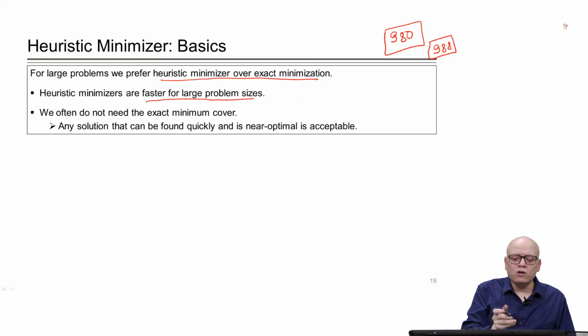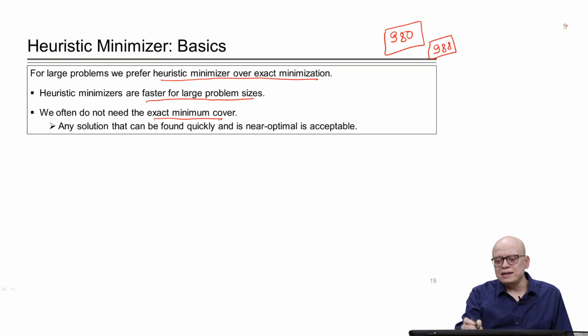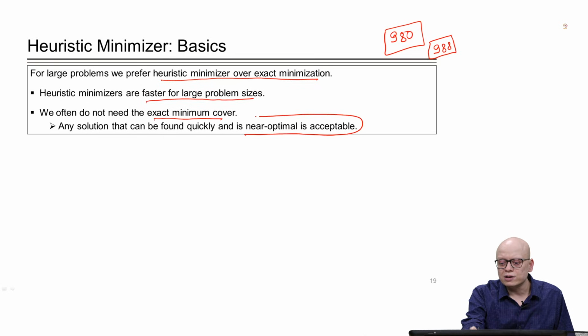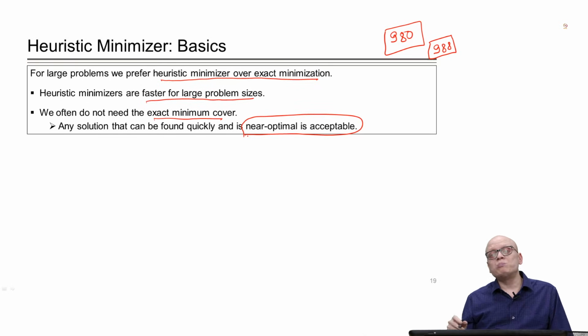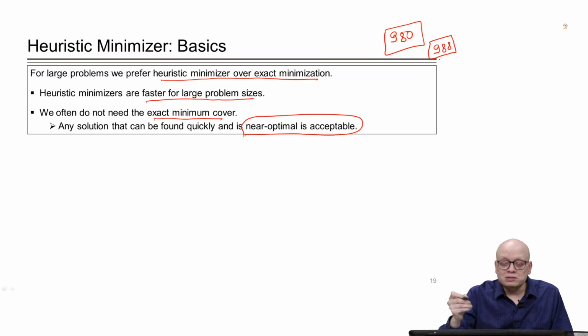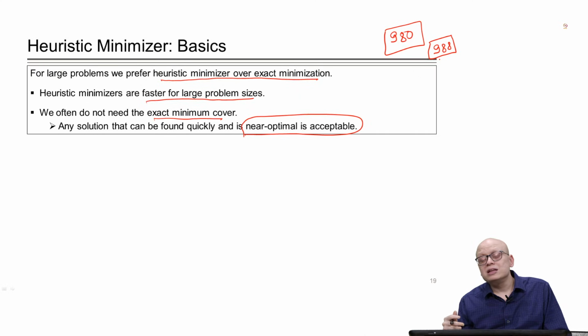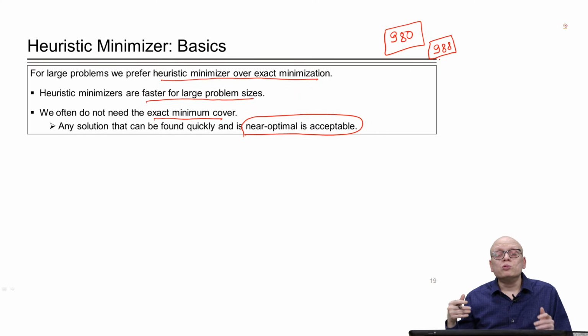So, we often do not need the exact minimum cover. Any solution that can be found quickly and is near optimal is acceptable. Rather than spending an hour, if we can find an approximate minimum cover, say 988 implicants instead of 980, then for most applications it is acceptable.